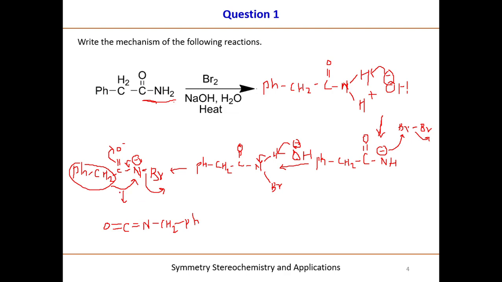Then this will migrate over here and it will be eliminated. Then again this negative charge will push here and we will get this as an intermediate product. This intermediate is known as isocyanate. Okay.